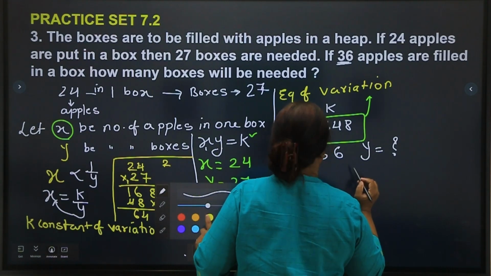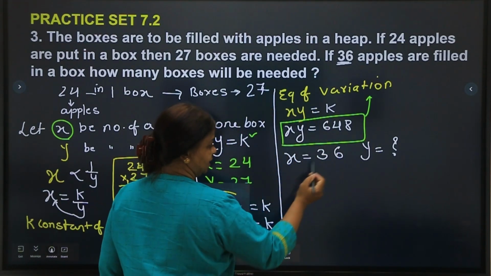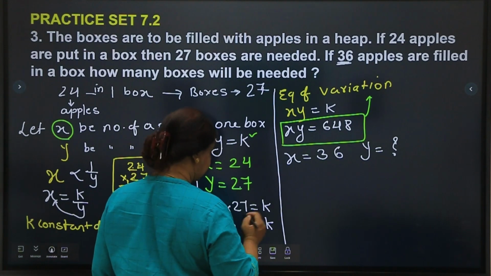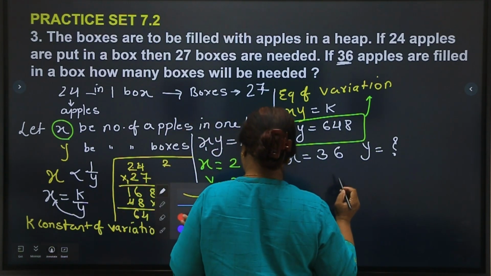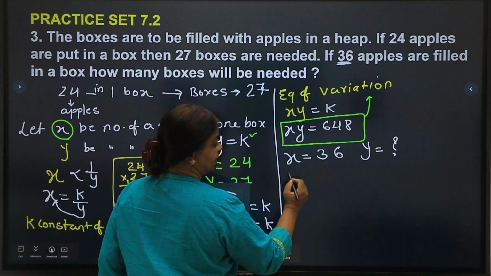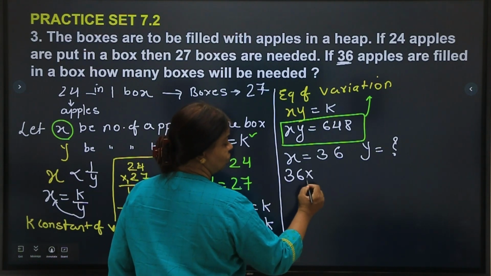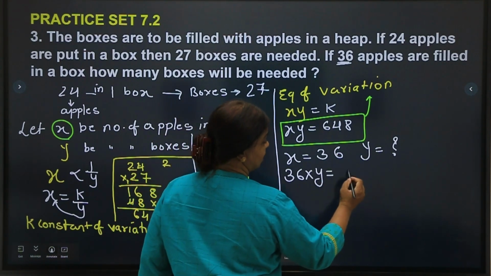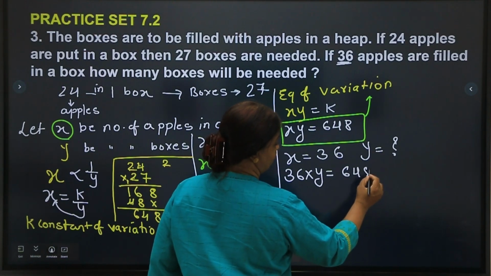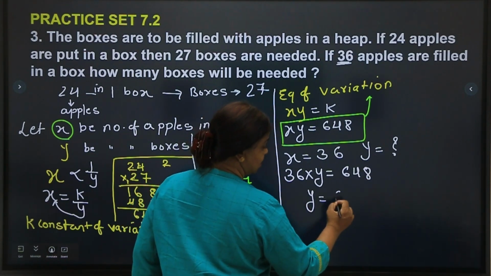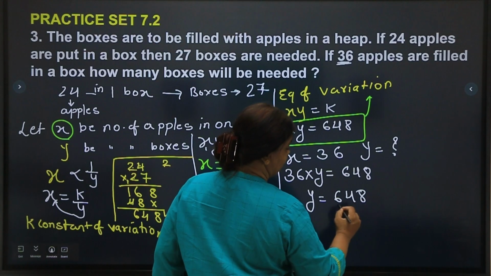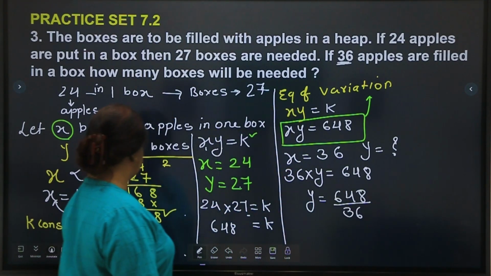Then we know this equation, x is 36. 36 into y, which we want to find out, is equal to 648. So y is equal to 648 upon 36. 648 can be easily divided by 36.